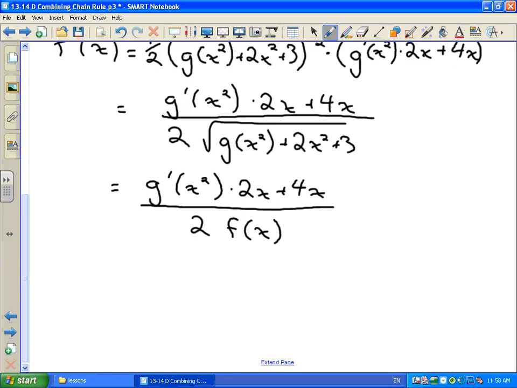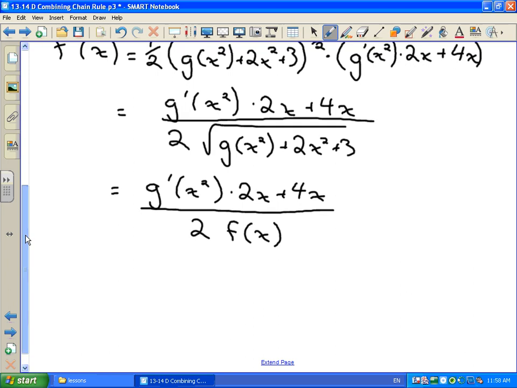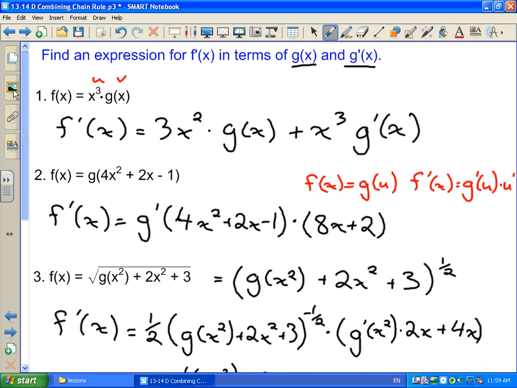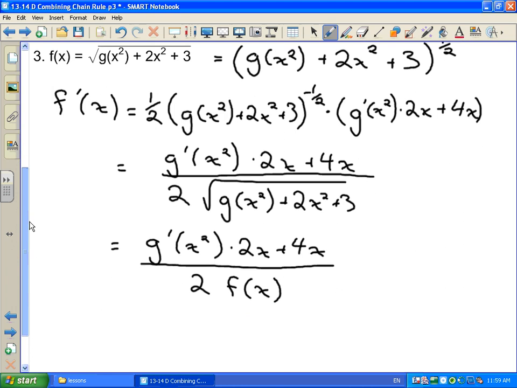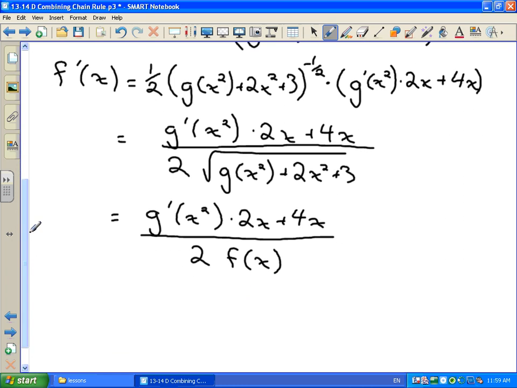You usually don't do that unless you're asked to do that in the question. Here they only asked us to express it in terms of g at x and g primed at x, so I probably shouldn't do that in terms of the original function f at x. So likely you would stop here. Okay. That is it.